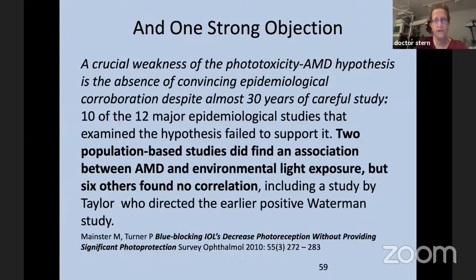The other is that there were 2 studies that did find an association between macular degeneration and environmental light exposure, but 6 other studies found no correlation. I think the other is we're putting a lot of attention on the devices that people are on.